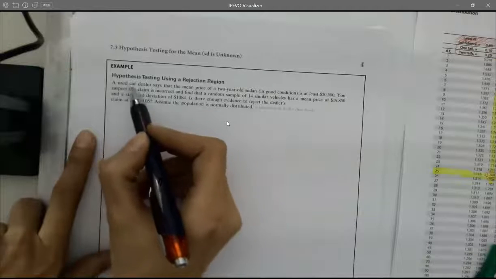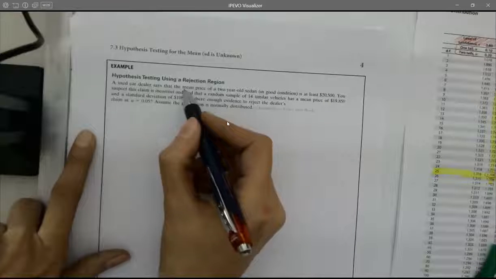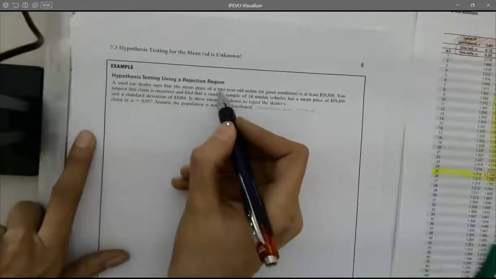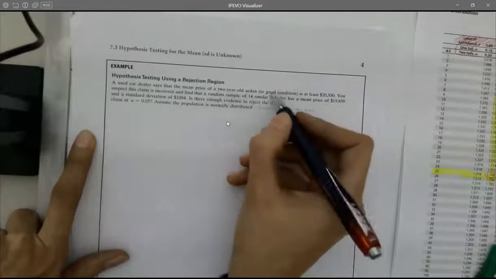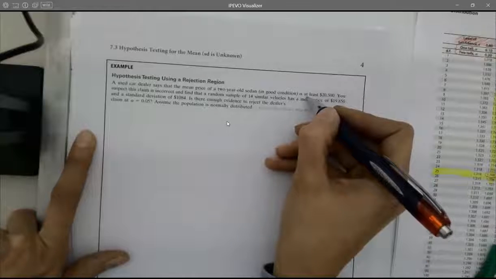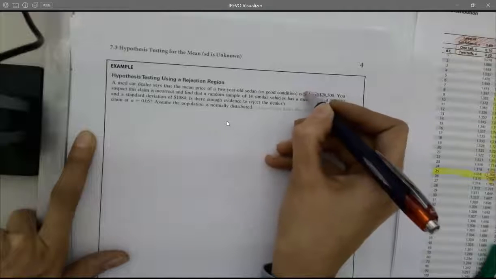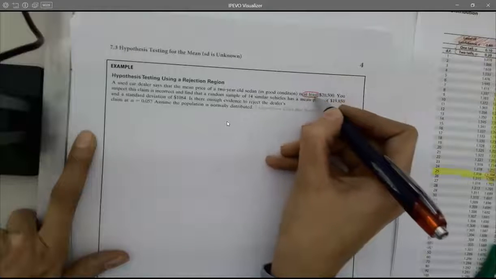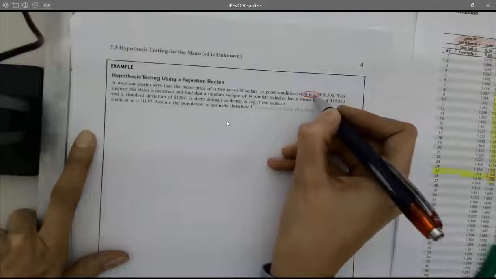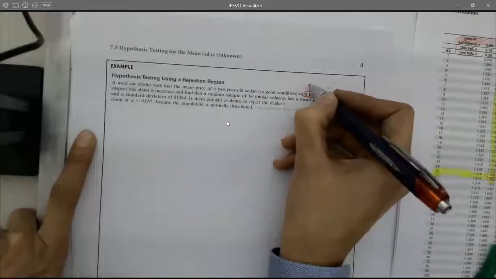A used car dealer says that the mean price of a 2-year-old sedan in good condition is at least. Okay, they found the first keyword, at least. So how do we interpret at least? What is the mathematical symbol that we use for at least?